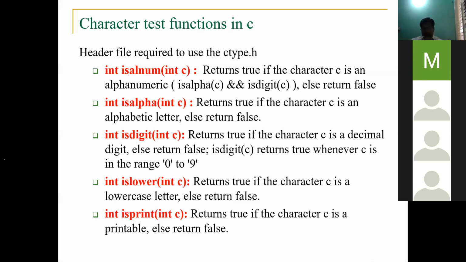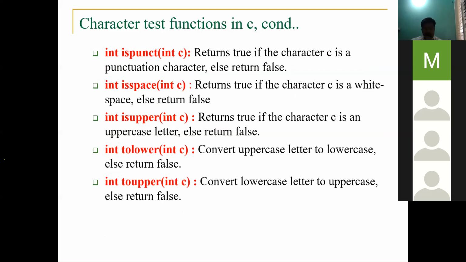If it is in lowercase, it returns true. If it is in uppercase, it returns false. isprint will identify whether the character c that we are passing as a parameter is a printable character or not. If it is printable, it will return true, or else it will return false.